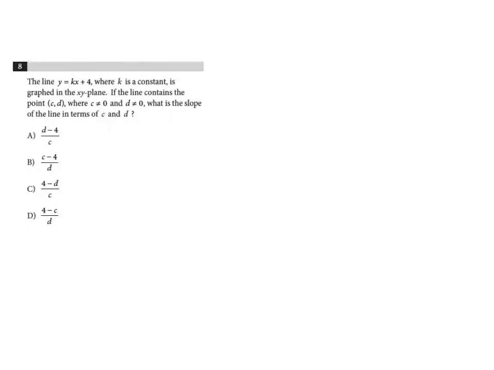Okay. Number 8. The line y equals kx plus 4, where k is a constant, is graphed in the xy plane. If the line contains the point (c, d), where c is not equal to 0 and d is not equal to 0, what is the slope of the line in terms of c and d? Okay, so let's get a pen. All right. Well, we know we have a point (c, d).